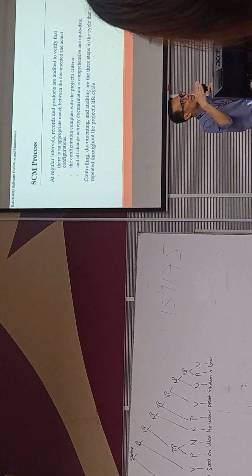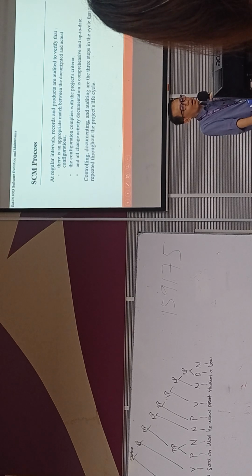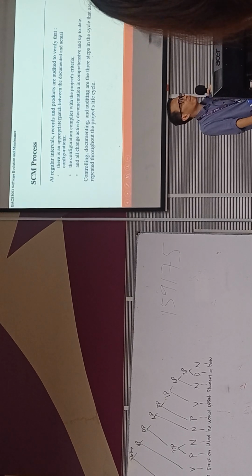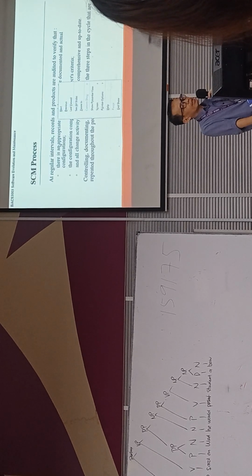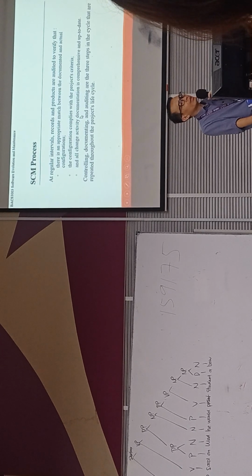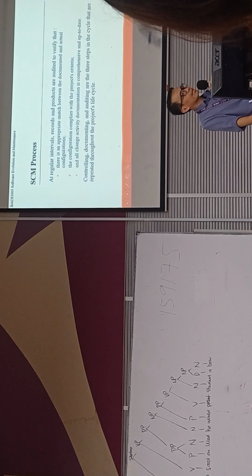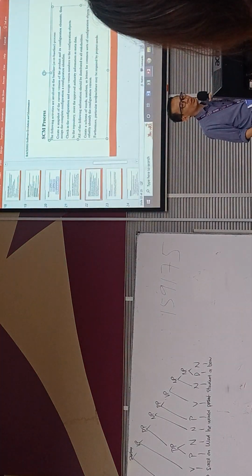At certain intervals you need to audit, to make sure the changes meet the requirement, the configuration is correct, and all change activity is recorded and up to date. So this is during the control process. That's it, finish.